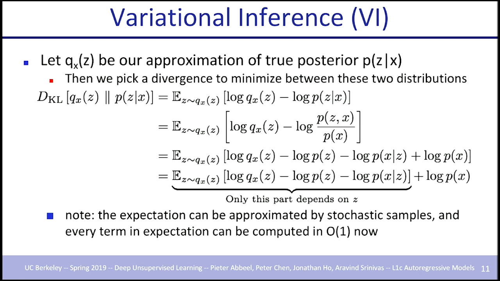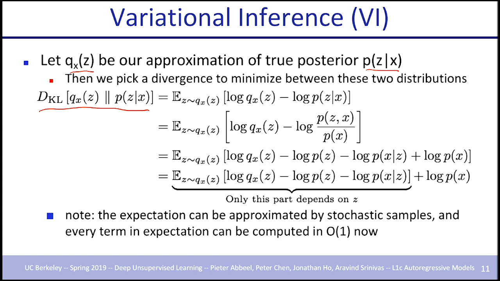This is our approximation, and we try to get close to the true posterior. To do that, you pick a certain divergence between two probability distributions and try to minimize it. The choice that we are going to make here is what's called the I projection of Q onto P.